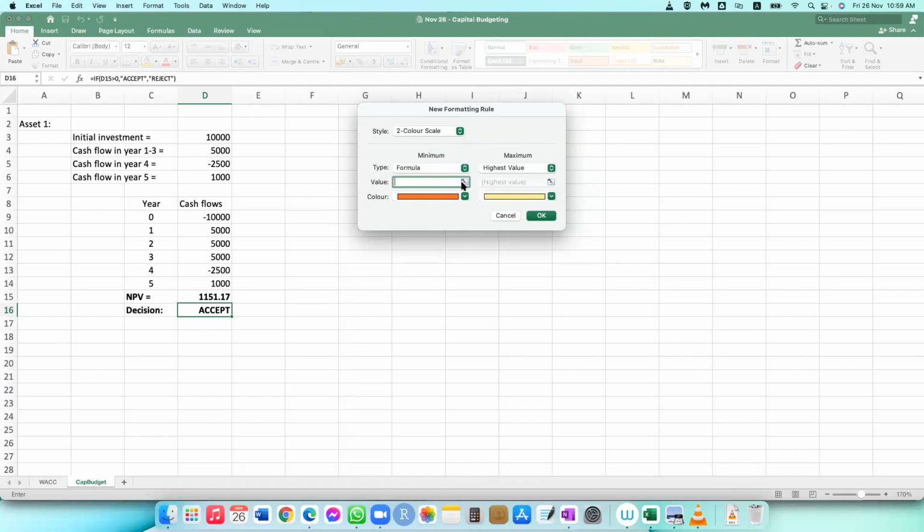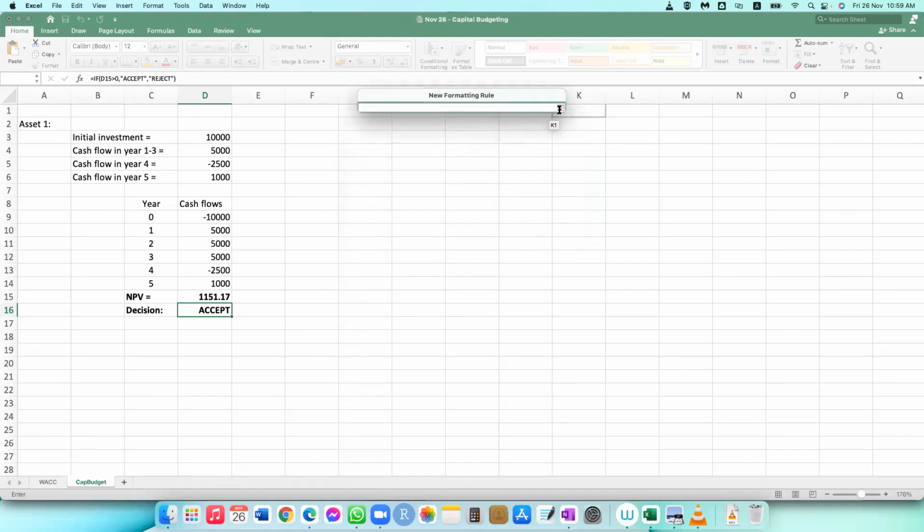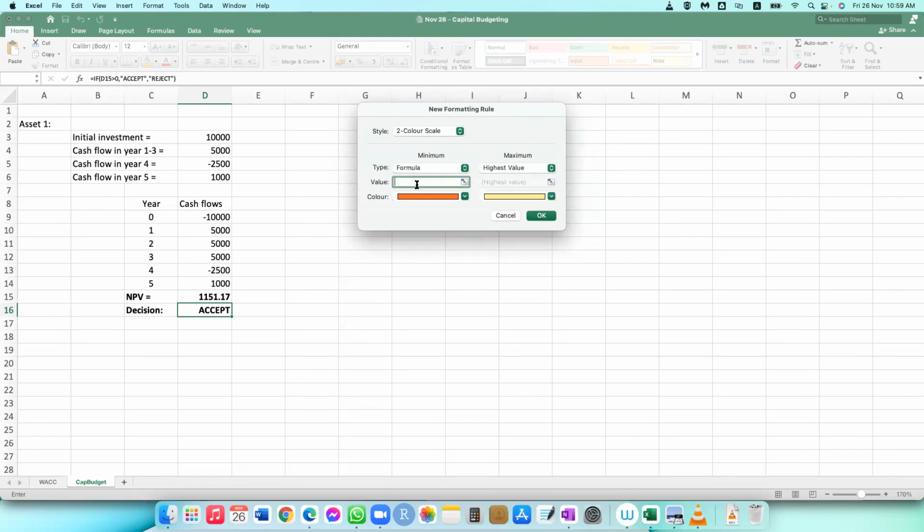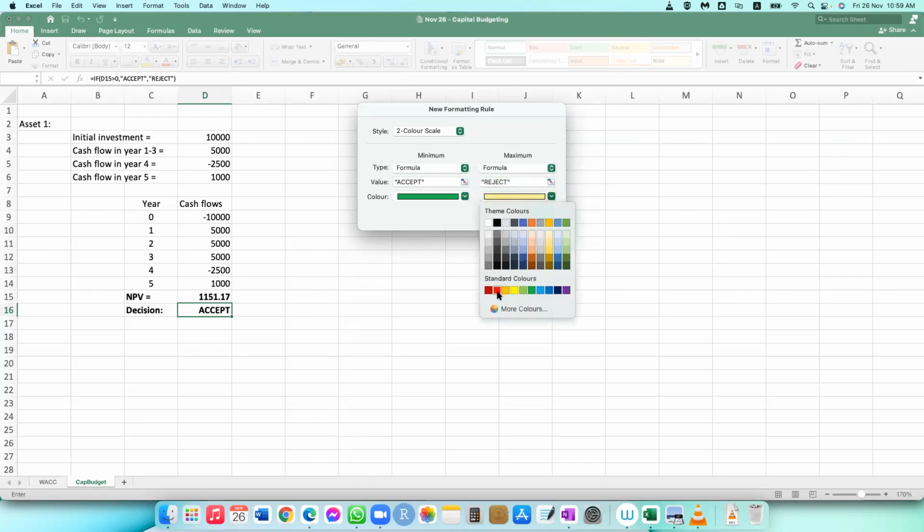So if the value is accept, then let us make it green because green is a green signal, isn't it? And if the value is reject, then let us make it red. I hope it will work.